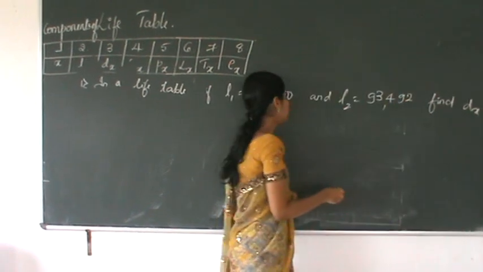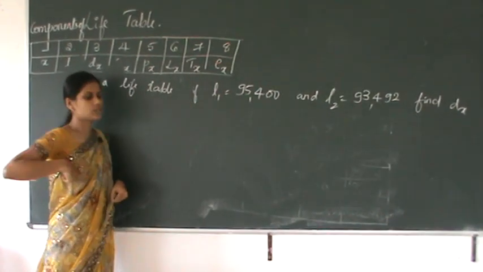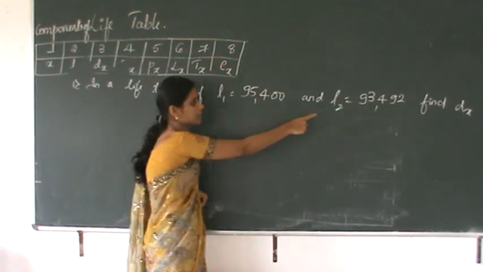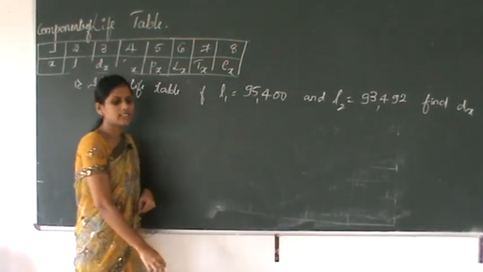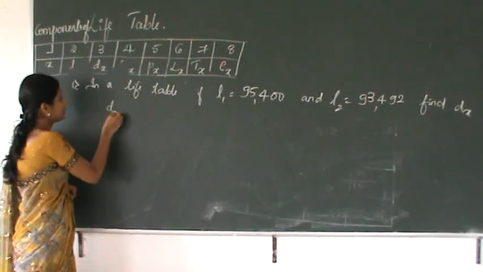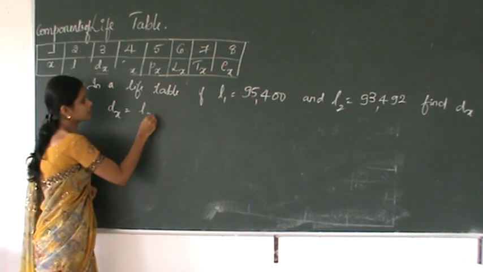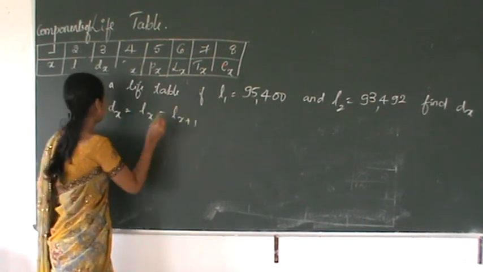As you all know, here Lx is L1, Lx plus 1 is L2, which is given, and we are asked to calculate dx. The dx formula is Lx minus Lx plus 1.